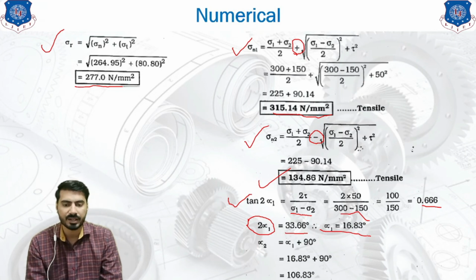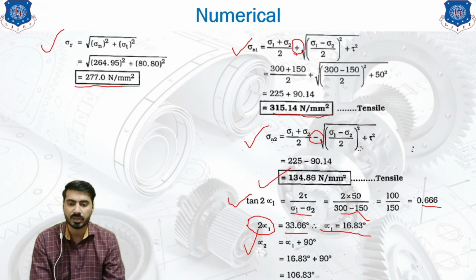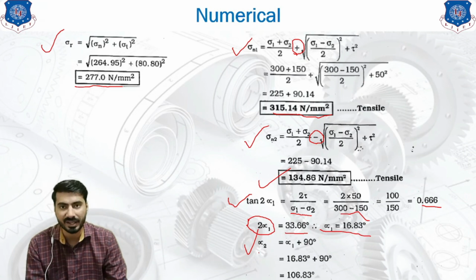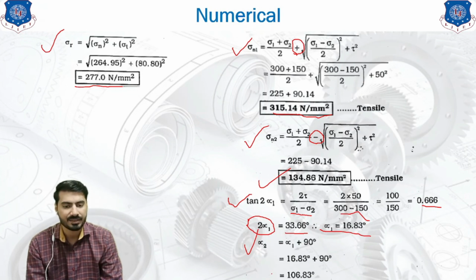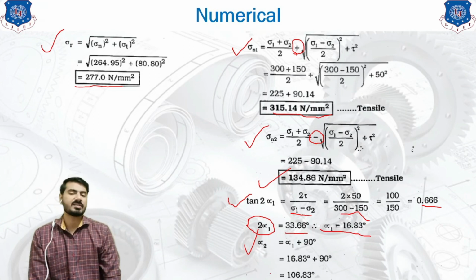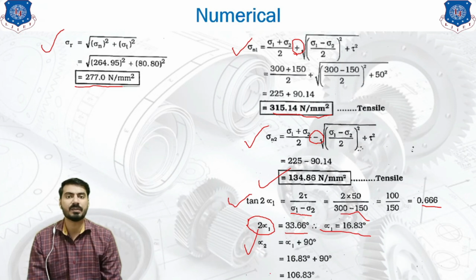In order to find the location of the minor principal plane, you will use this equation: alpha 2 equals alpha 1 plus 90. Now we know that alpha 1 is 16.83. Using this formula, we will get the alpha 2 value as 106.83 degrees. So this is the location of the minor principal plane.